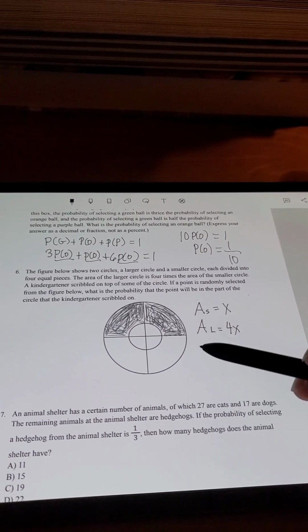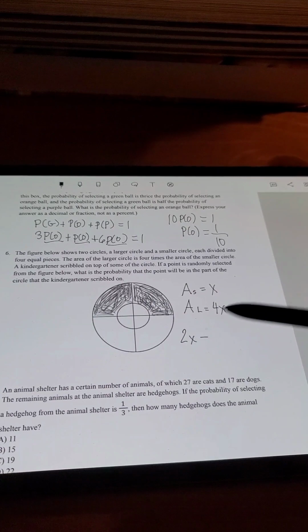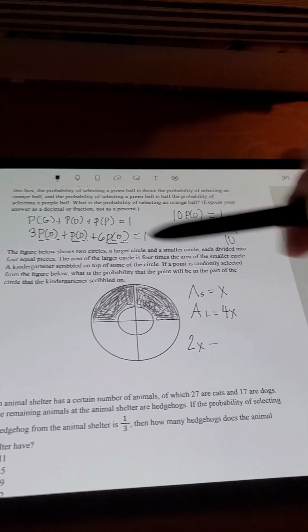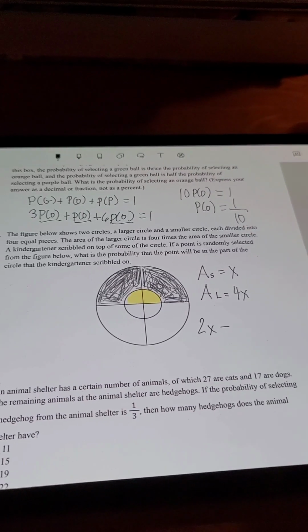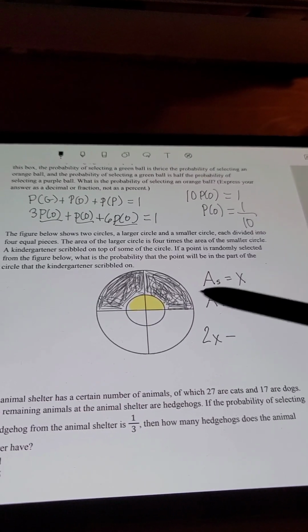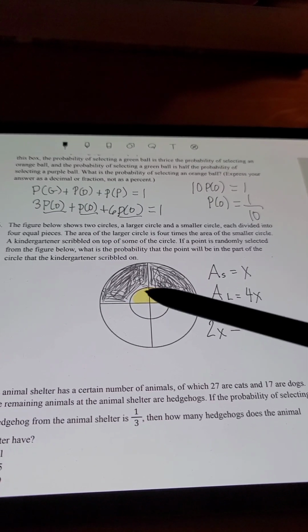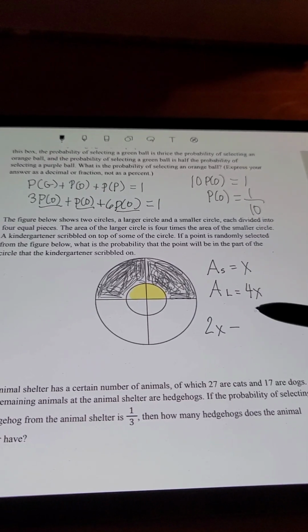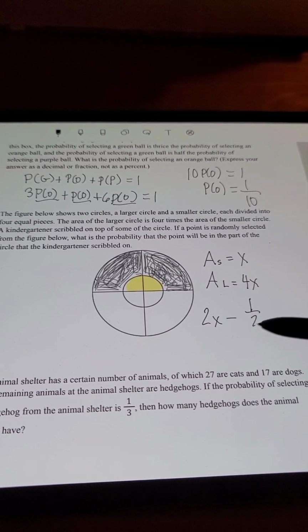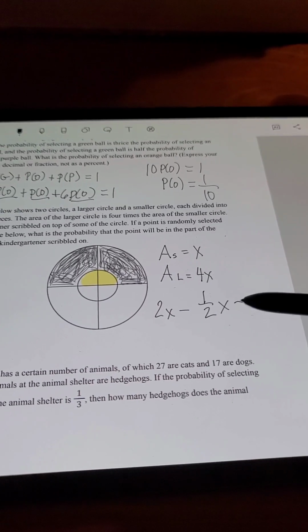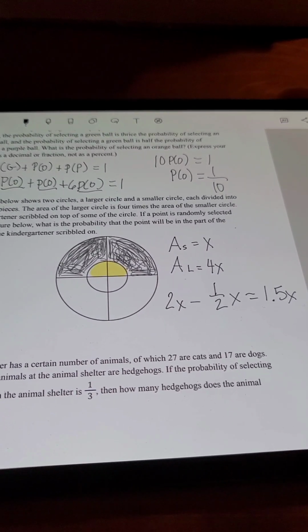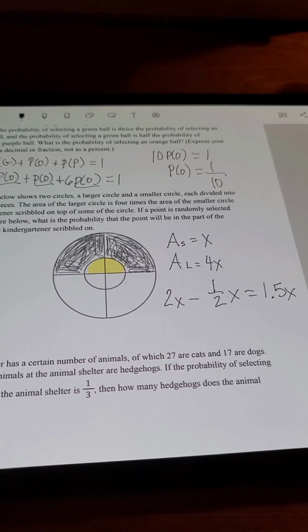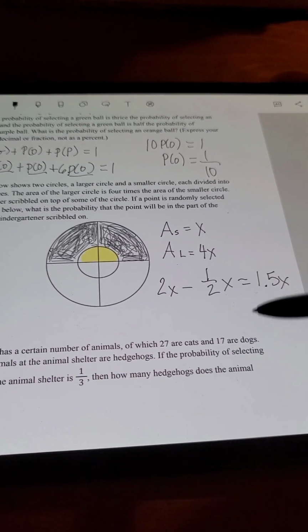So I have 2x, and I'm going to subtract out whatever this area right here is, let me use a different color, in yellow. That's half of the small circle's area. So it would be half of x that I'm subtracting out. And that's just going to give me 1.5x, or 3/2 x, however you want to write it.